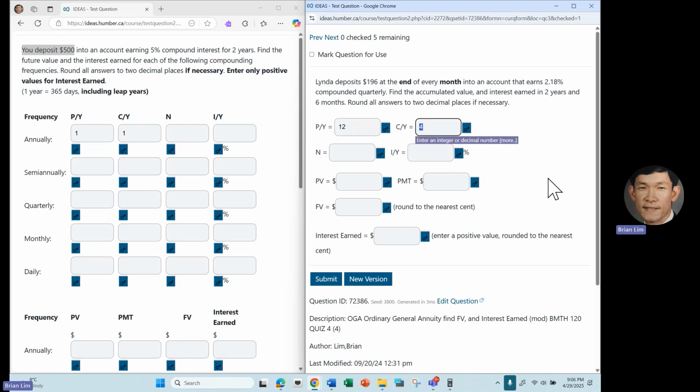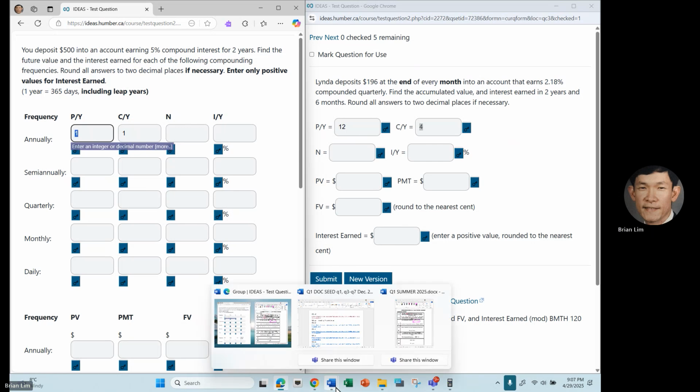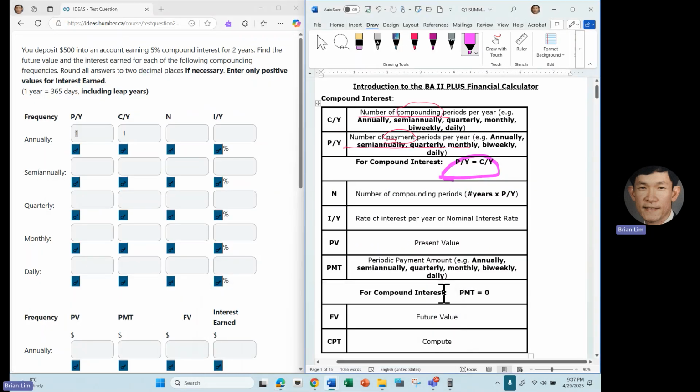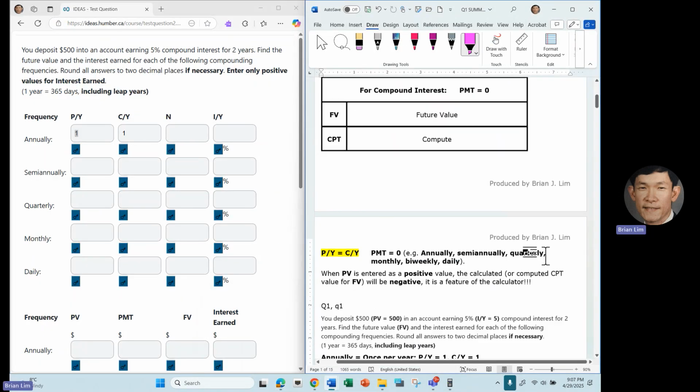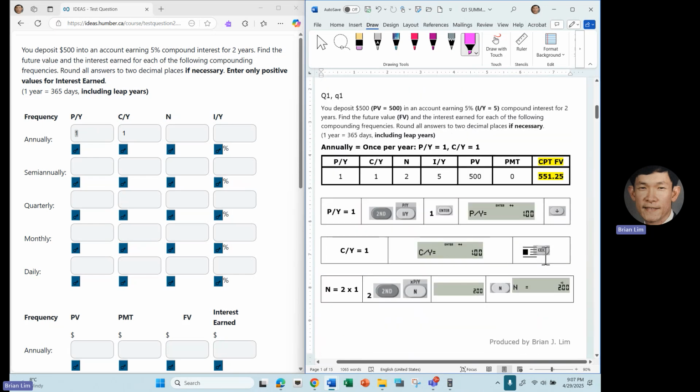So that is the difference. Because there are not continual or periodic deposits, therefore, PY and CY, as you see right over here, have the same value. Okay, so with that in mind, we can proceed with our question.